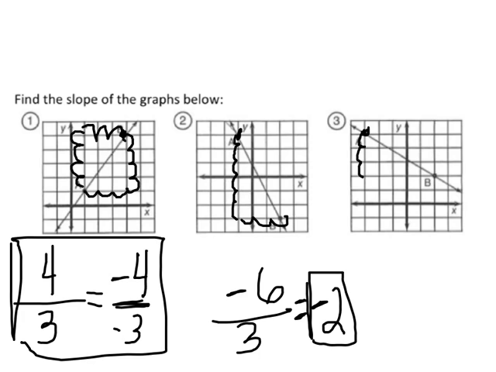We're going down, so it's negative. And then our run will be 1, 2, 3, 4, 5. So negative 3 over 5, which is the same as 3 over negative 5. Finish up the last 3 examples independently, then we'll go over some of our review problems.